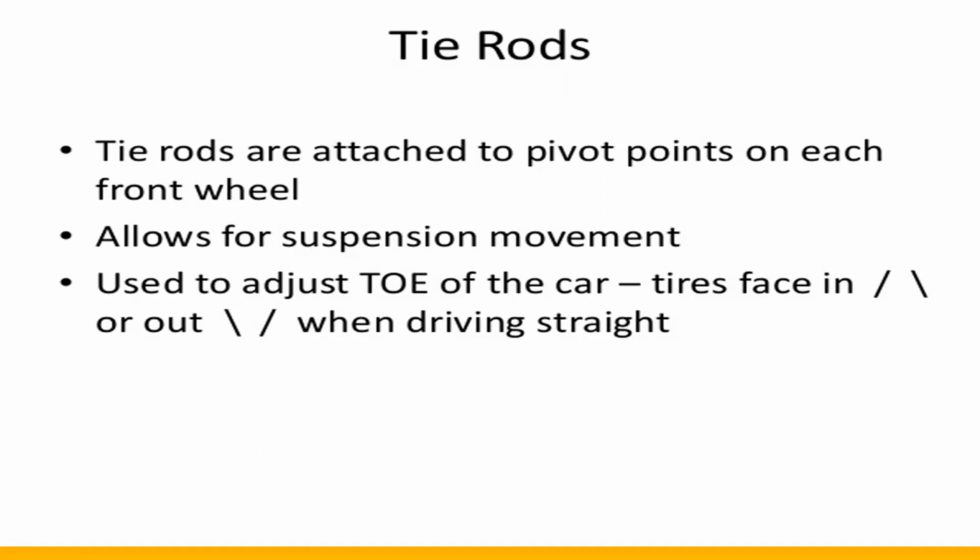That means the tires can face in one direction, or face out in the other direction, and normally when driving straight on the road, the tires are in the straight direction.